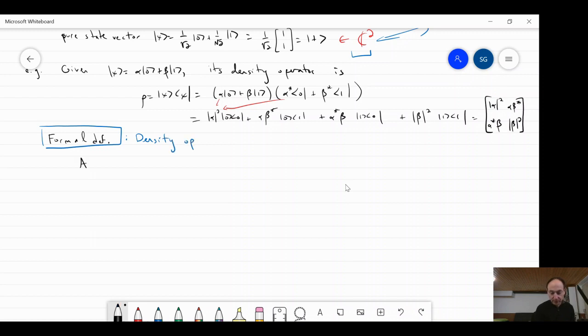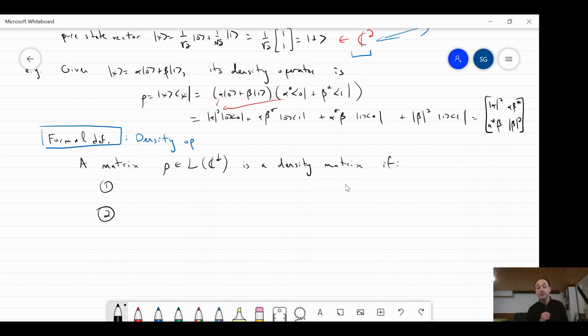Okay, so a matrix rho, and rho is just, again, the standard notation we use. It's going to need to be square, so that it maps C^d back to itself. A matrix or a linear operator rho is a density matrix or density operator if two things hold.